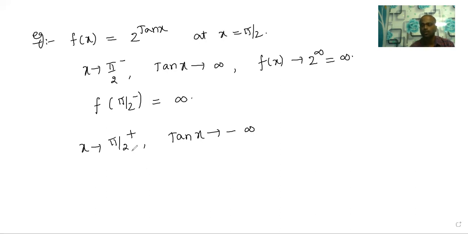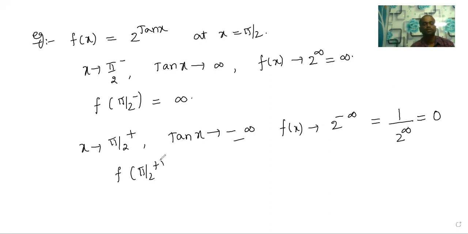So when x tends to pi by 2 plus, tan x tends to minus infinity. Then f of x tends to 2 power minus infinity, which can be written as 1 by 2 power infinity. But 2 power infinity is infinity, so 1 by infinity is 0. Thus the right hand limit of the function at pi by 2 is 0. So here it is finite.